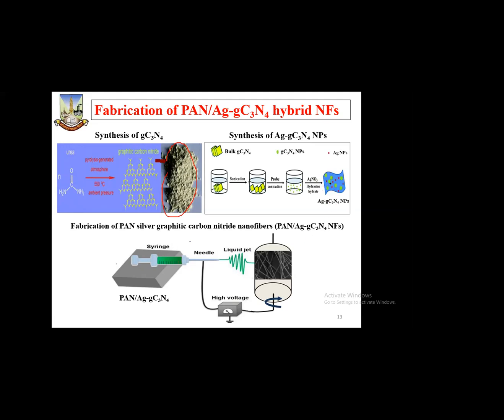Then this complete solution is transferred and mixed into the polyacrylonitrile solution. After preparing this solution, we transfer this into the syringe and draw the fiber, which is called PAN AGG C3N4 hybrid nanofiber, that is PAN silver graphitic carbon nitride nanoparticles.